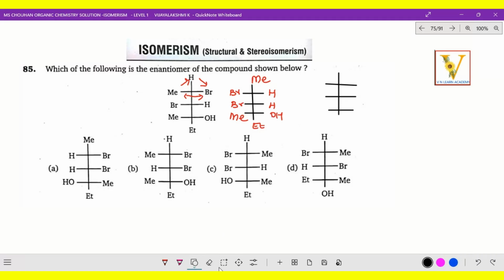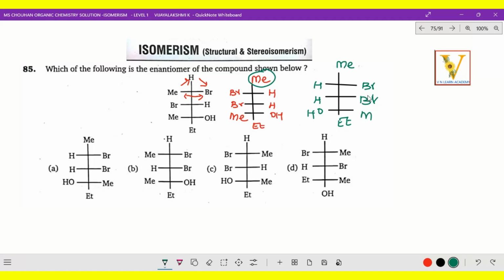In that, here on this part the Me is on top, the same Me, and here down Et, that's all. And here H means here also H only, and here Br, and the same way here also H, here Br, the same as it is, because it has to be a non-superimposable mirror image, right? So OH, and here Me, right?